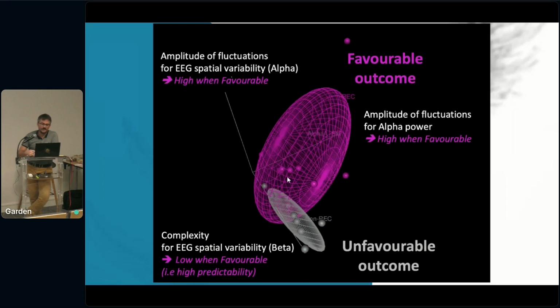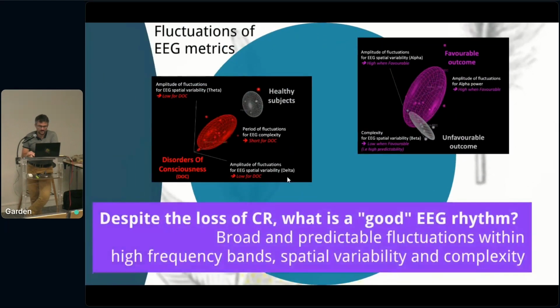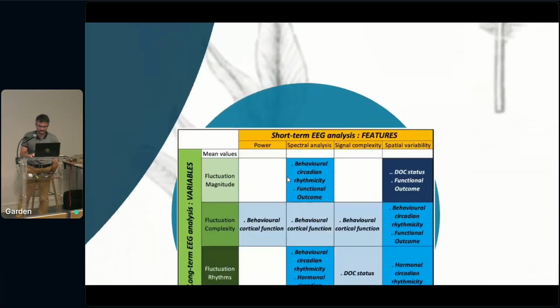So it means that there is a higher predictability of their EEG rhythms in the long term. So despite the loss of circadian rhythmicity, a good EEG rhythm is a broad and predictable fluctuation within high frequency bands, spatial variability, and complexity.